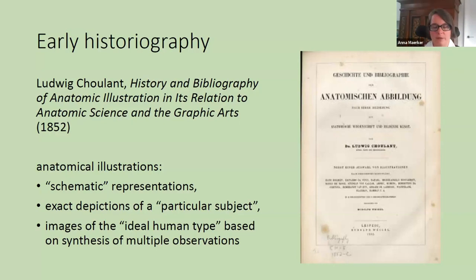His first period was characterized by schematic drawings in the Middle Ages before Berengario da Carpi. And he ends with modern times, i.e. for him, the early 19th century, since Samuel Thomas von Sömmering.